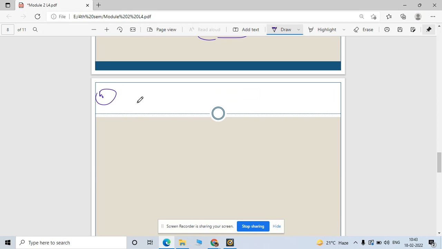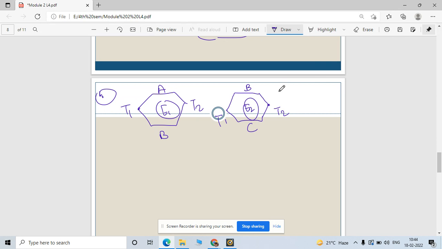and the fourth one is, this is your T1 and this is your T2. In that, if you add a new metal with the combination of B, let's say this is your C metal, and put the temperature the same, T1 and T2, then it creates a potential E2.